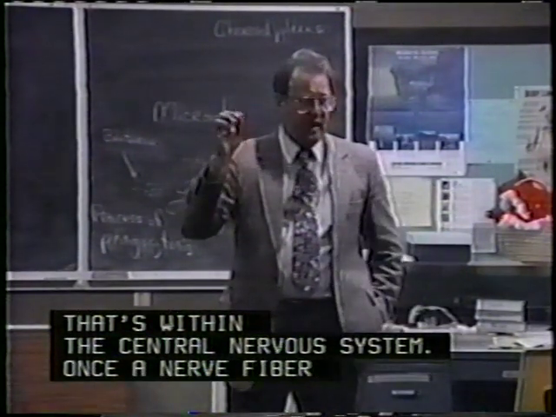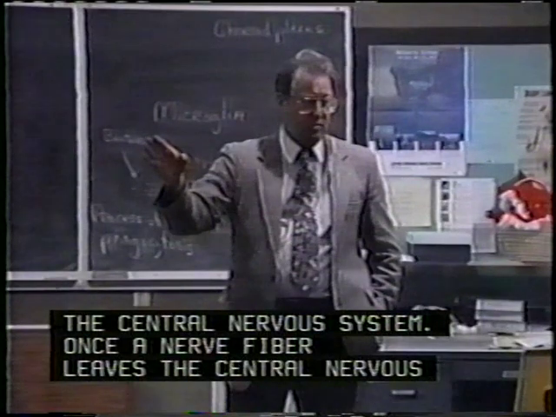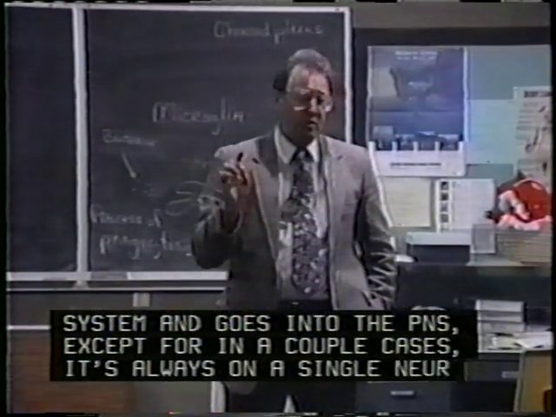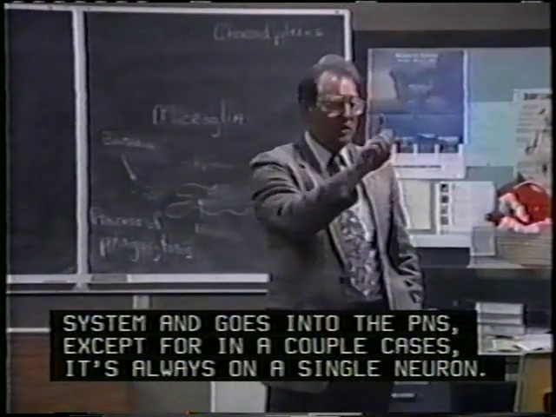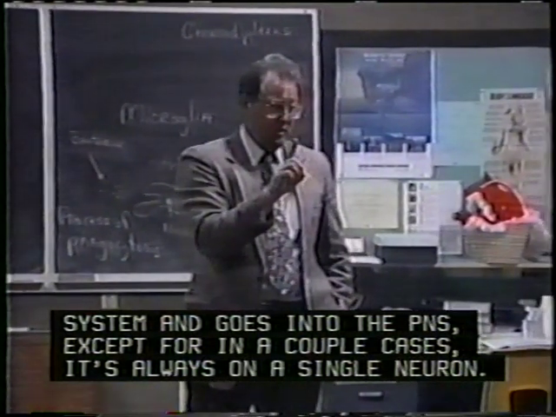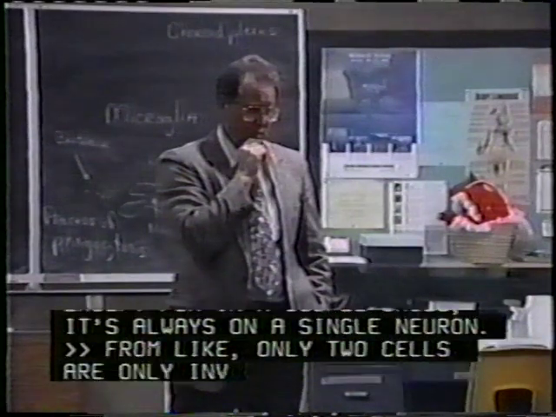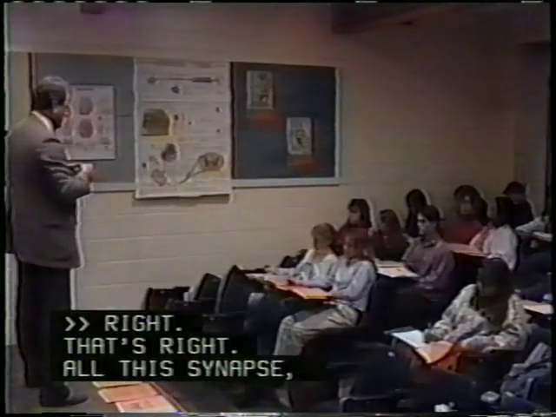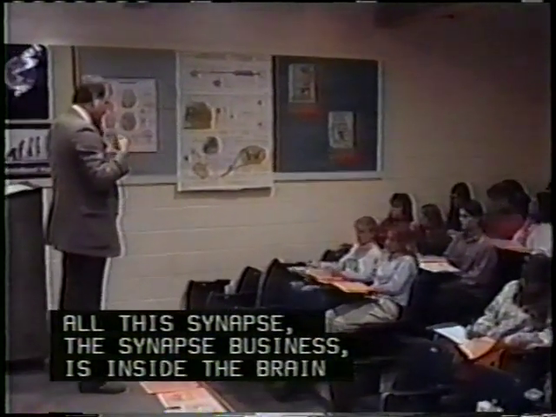Once a nerve fiber leaves the central nervous system and goes into the PNS, except for in a couple cases, it's always a single neuron. Right. That's right. All this synapse to synapse business is inside the brain and the spinal cord.